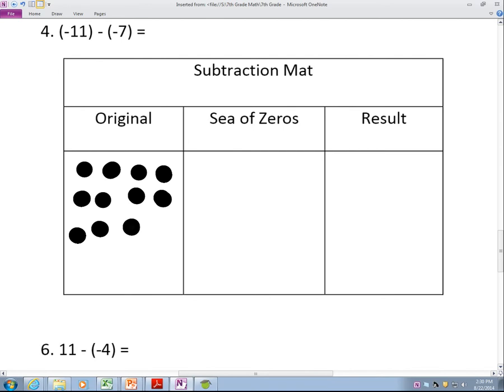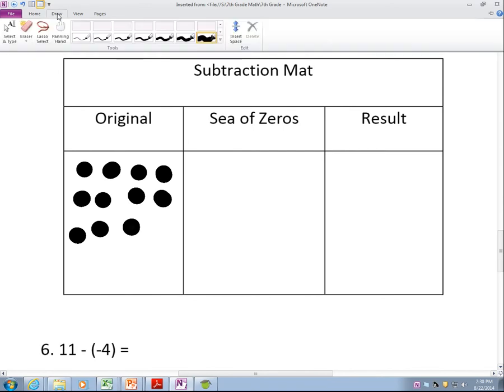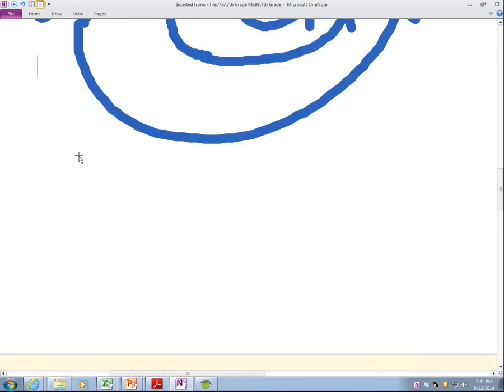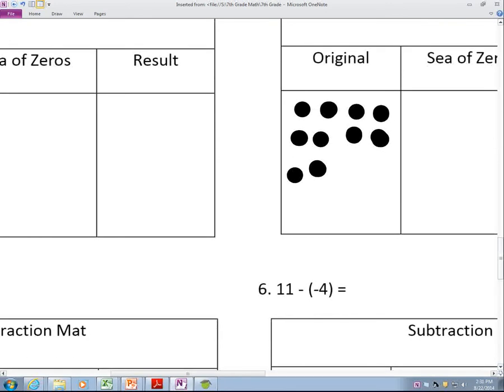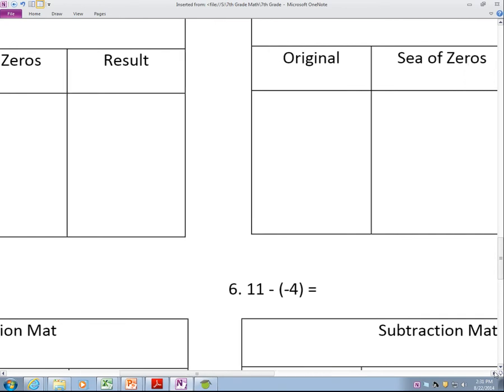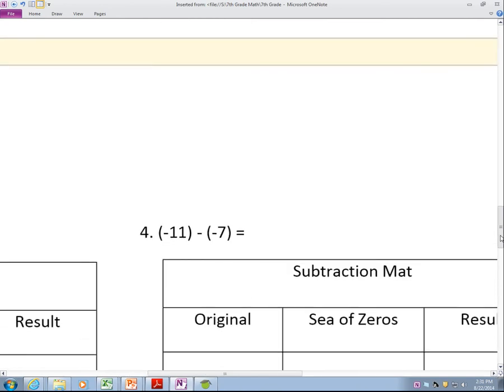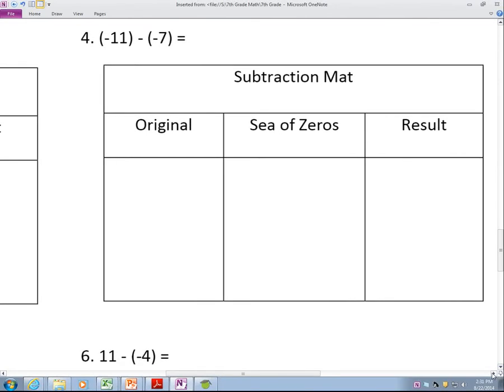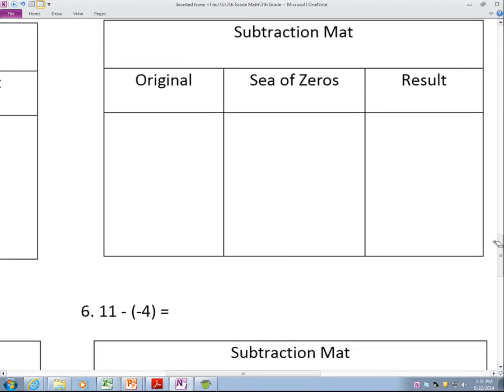You're going to create 11 negative integers, because the question is negative 11 minus negative 7. So create 11 negative integers.